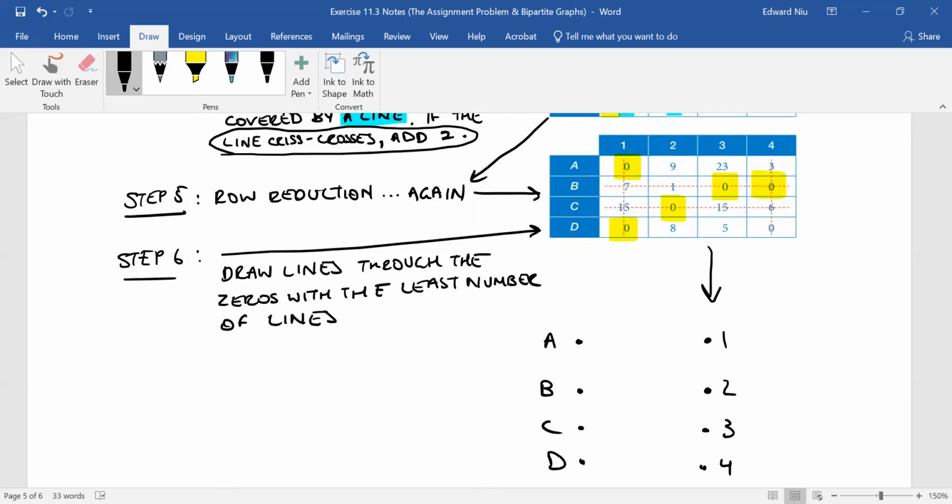A has only one job to do, number 1. D has the ability to only do one job as well.